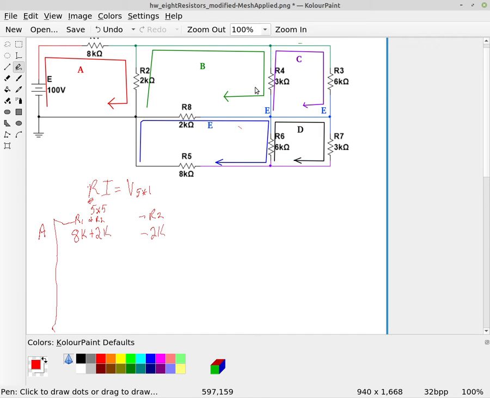But C, D, and E, well, especially C and D aren't even touching A at all. And E is only touching it right here at this one little spot, but they're not sharing a resistor. And so therefore, C gets a 0. Technically it'd be a -0, but it's just a 0. D gets a 0, and E gets a 0. Okay. And that's our IA.